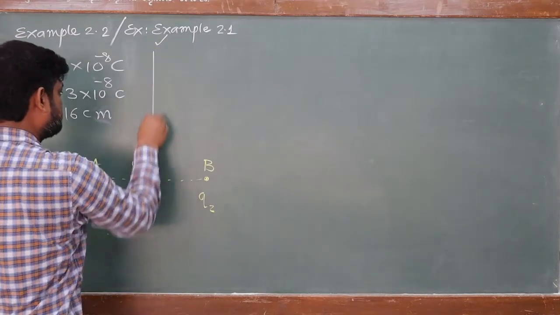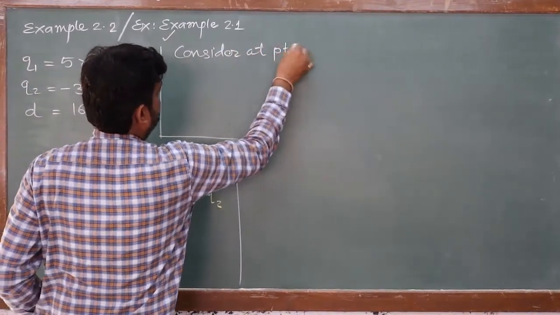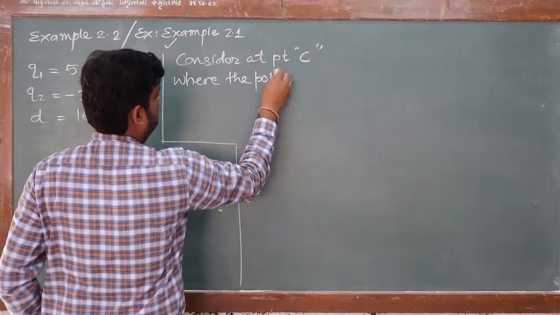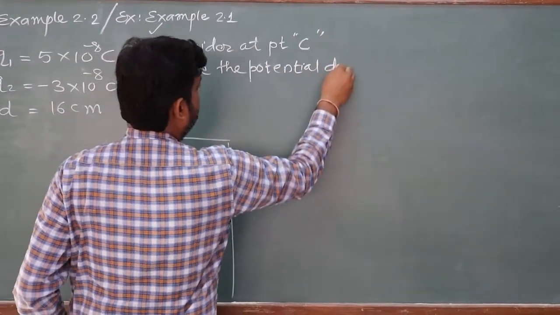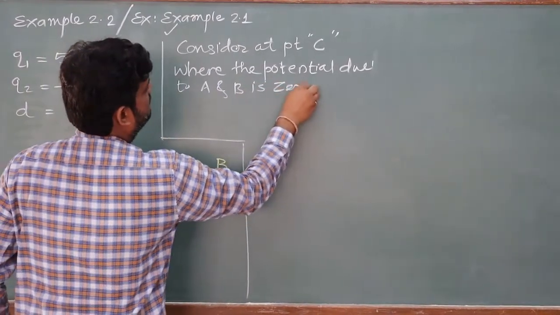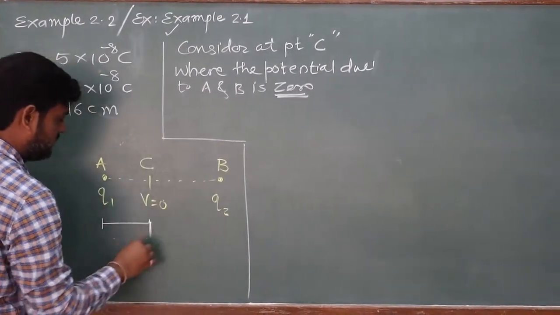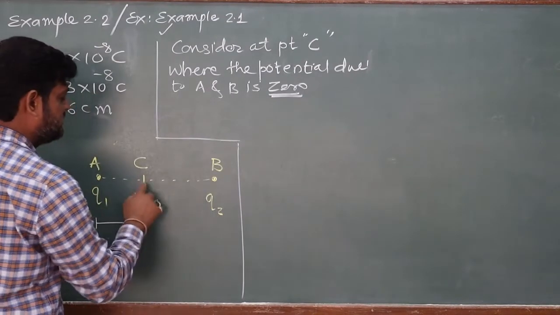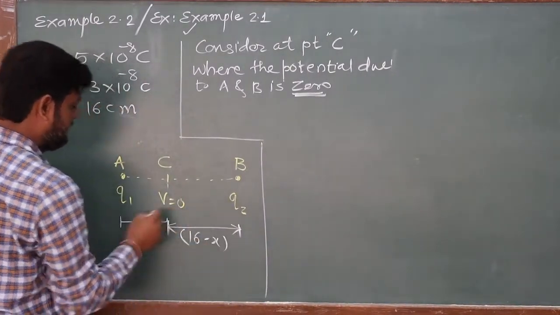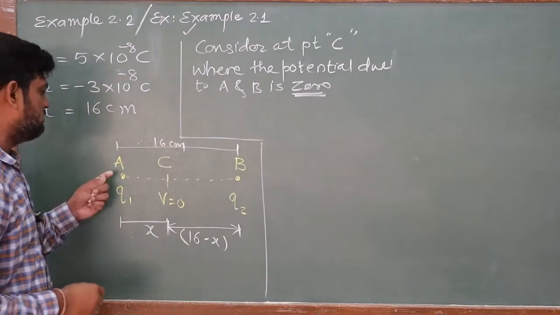So first of all we write: consider a point C where the potential due to A and B is 0, and this point C is at a distance x from point A. So what is this other distance? It will be 16 minus x, because the distance between A and B is 16 centimeter, as given.